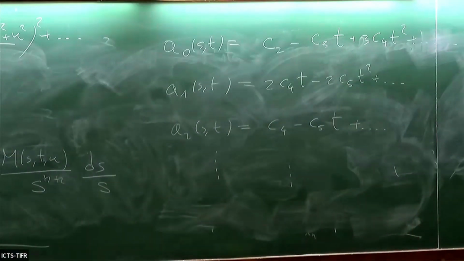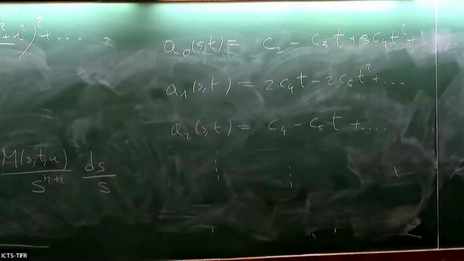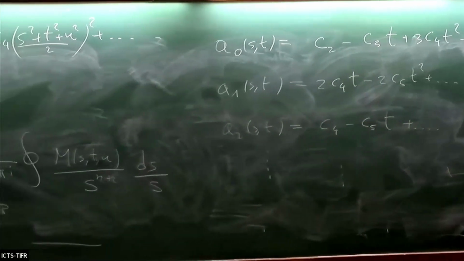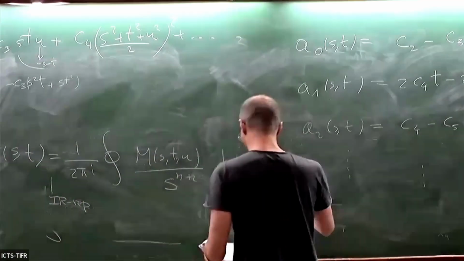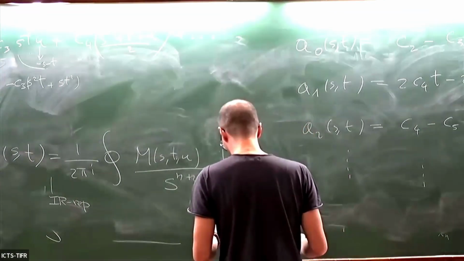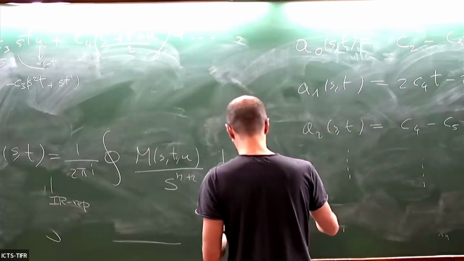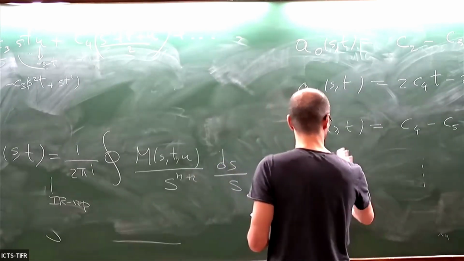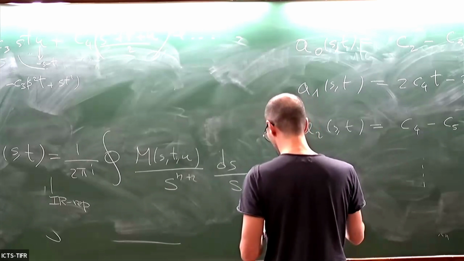Now we define the contour. We write it with the UV representation, which now is going to be 1 over pi. So I'm skipping the steps, so believe me.